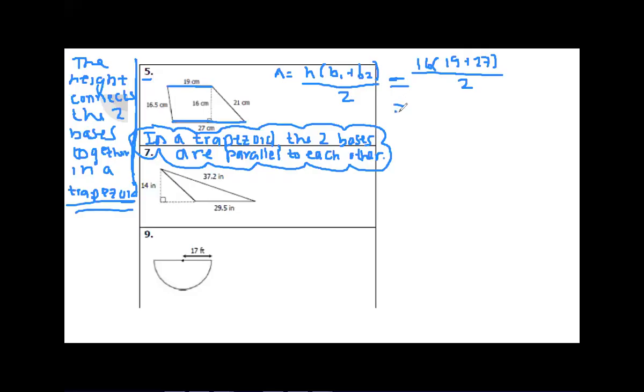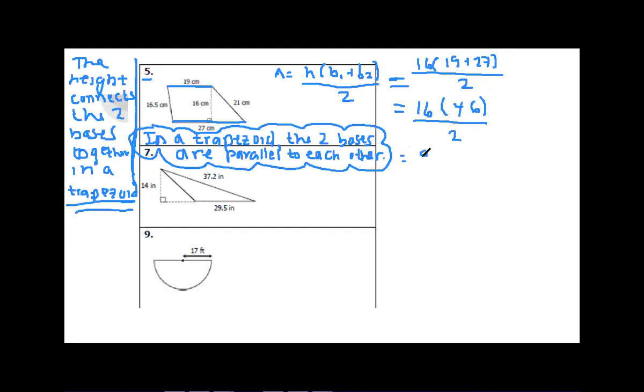All right, so for this, the first thing that I need to do is add 19 and 27 together. 9 plus 7 is 16. I carry the 1. 2 plus 2 is 4. It's 16 times 46 divided by 2.